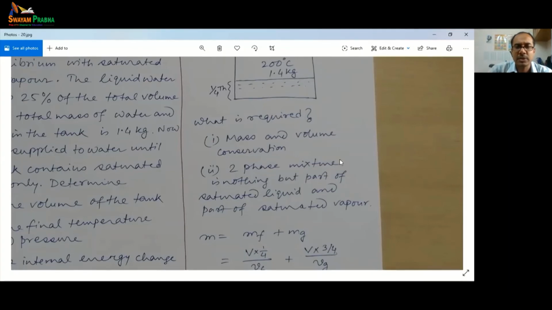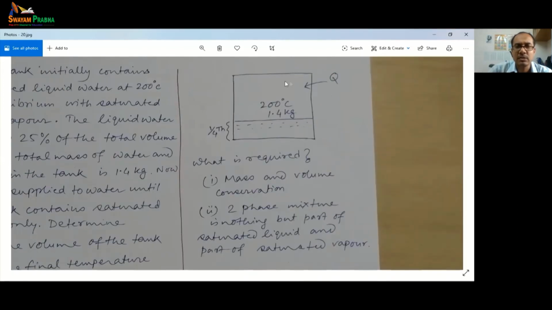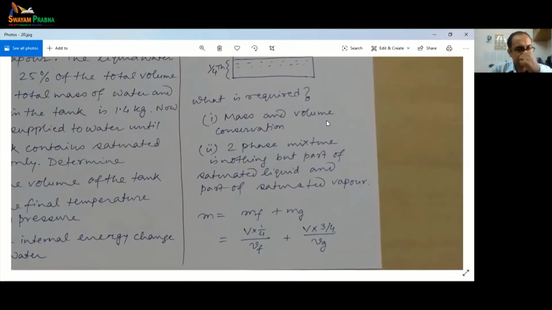That's the concept that you have to use. The initial condition also is part liquid, part vapor, right? So the initial phase is a two-phase mixture, and you have to recognize that.